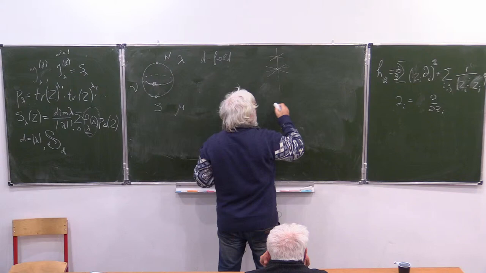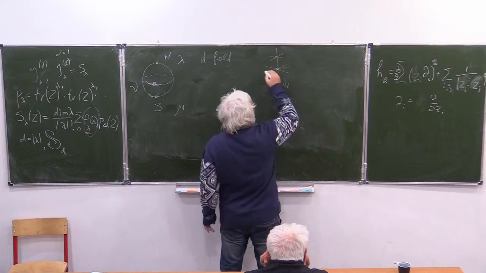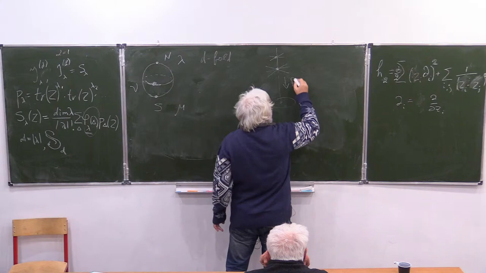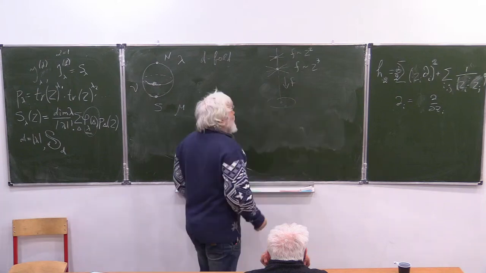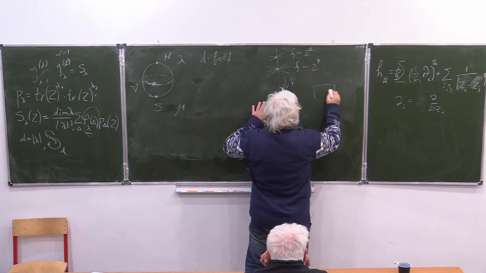If we have local coordinates z here, the sheets merge. Here, for example, we have 3 and 2 nodes, and this Young diagram is called the ramification profile at this branch point.